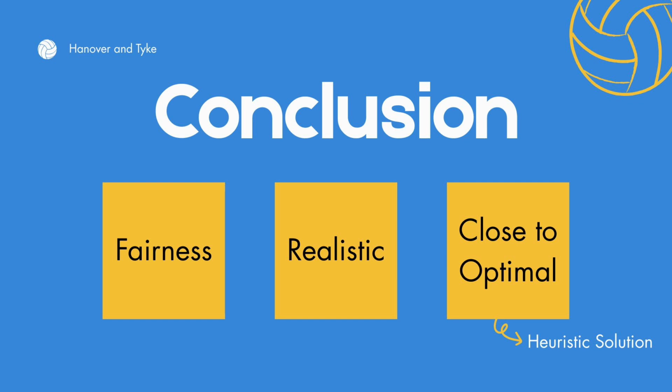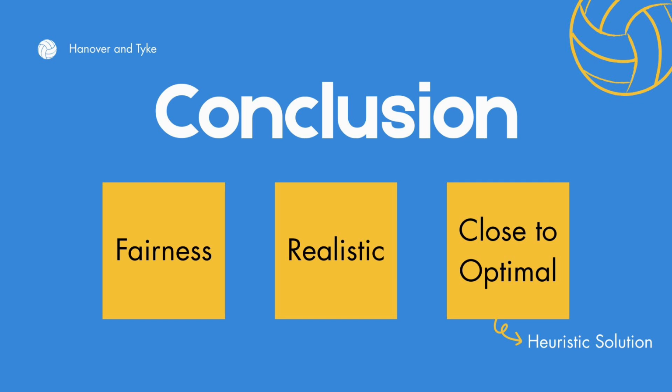So, in conclusion, we tackled a tough problem: how to schedule a departmental volleyball tournament fairly and efficiently. We built a solid optimization model with real-life constraints, like team availability, court limits, and referee conflicts. Then, we created both naive and heuristic algorithms to test our ideas.